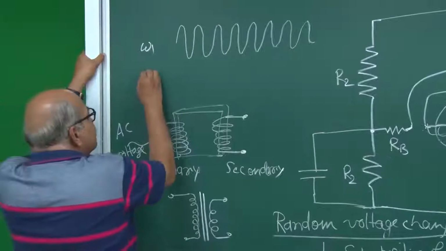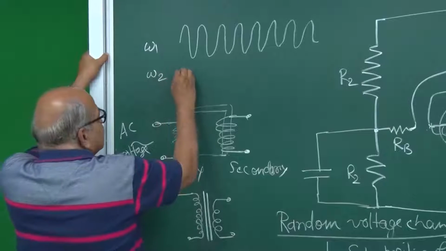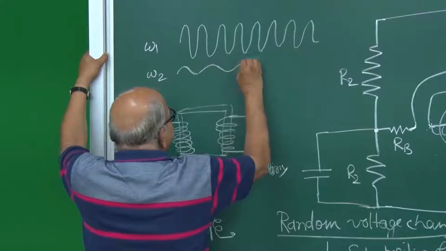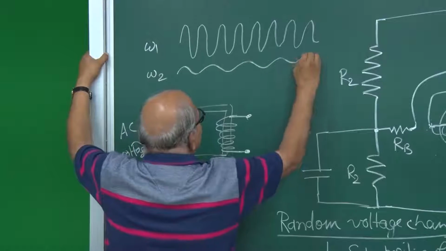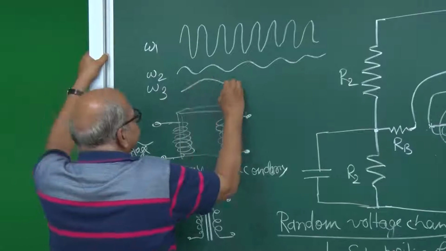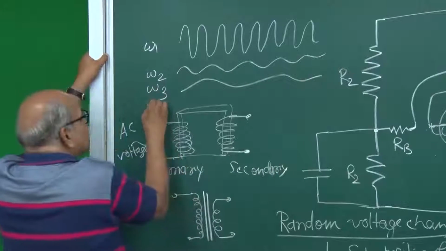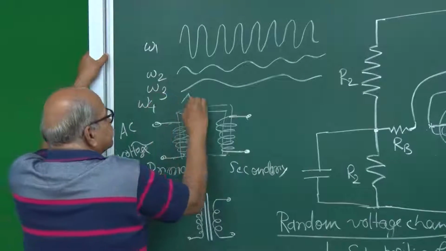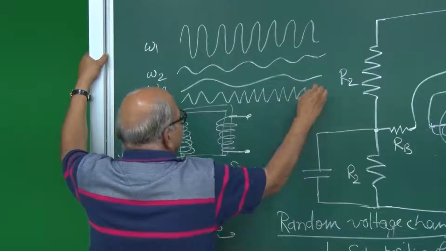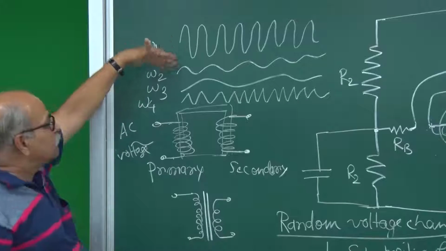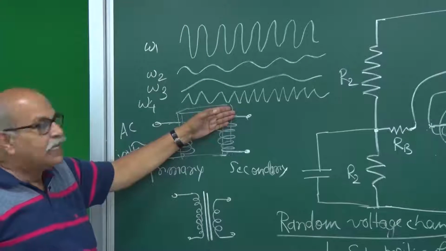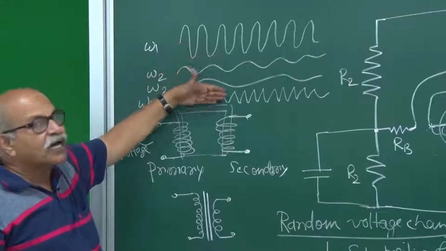If you take various angular frequencies and adjust your amplitudes properly, this is omega 2, you have omega 3 also, you have omega 4 also, a large number of appropriately chosen frequencies and appropriately chosen amplitudes.